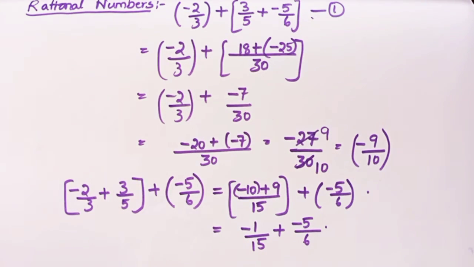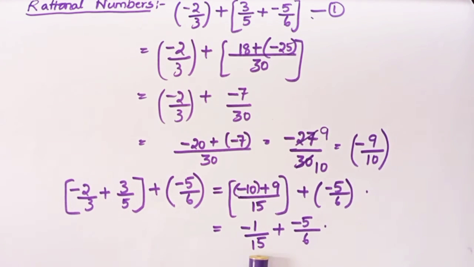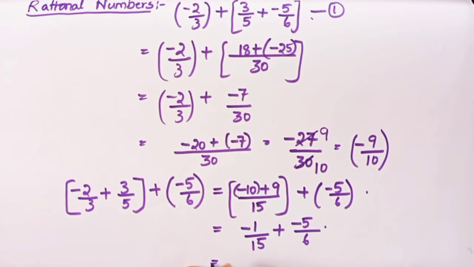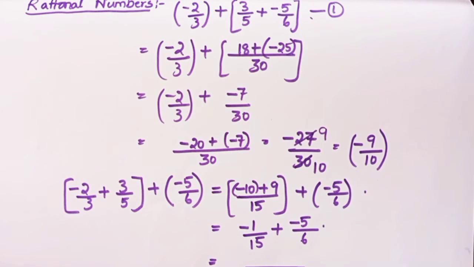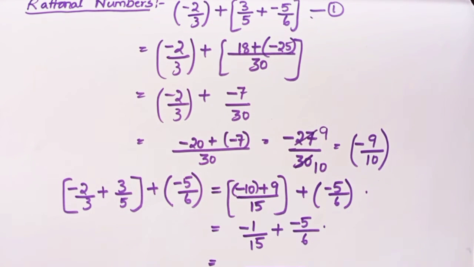Am I correct? Now I have taken the LCM of 15 and 6. The least common multiple of these two is 30. You can just check it at home. Now if I divide 30 with 15, 15 2s are 30.